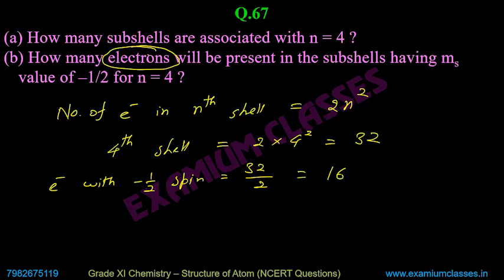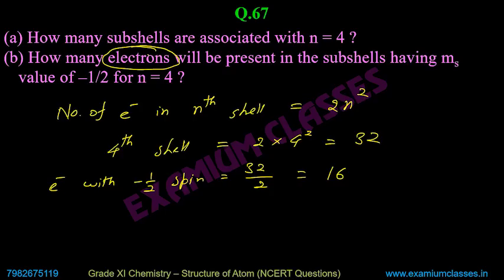Half will be with plus half spin and half with minus half spin. 16 will be the answer. Any confusion? So 32 by 2 is 16. That will be the answer.